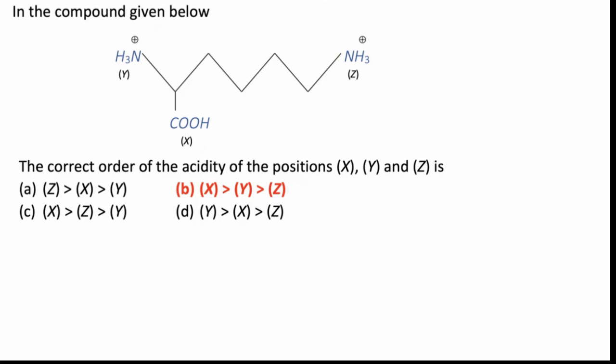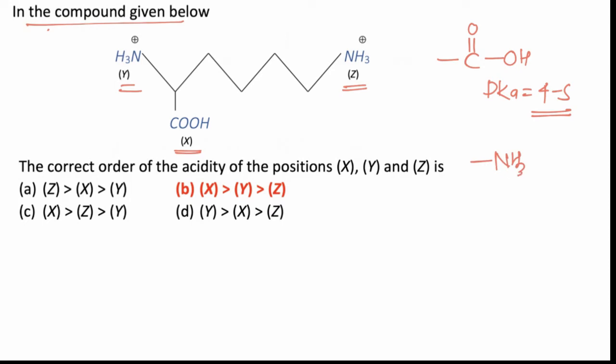In this question we have to find, among these given X, Y and Z, which is the correct order for acidic strength. Now first we have to keep in mind that COOH has a pKa value in the range of 4 to 5, while NH3 positive, or NH2 after protonation, has a pKa value of approximately 10.